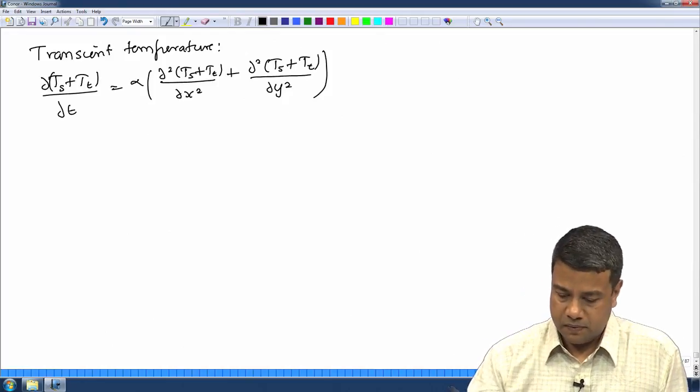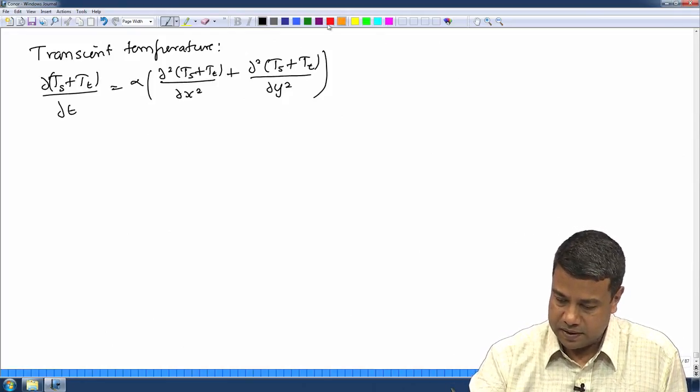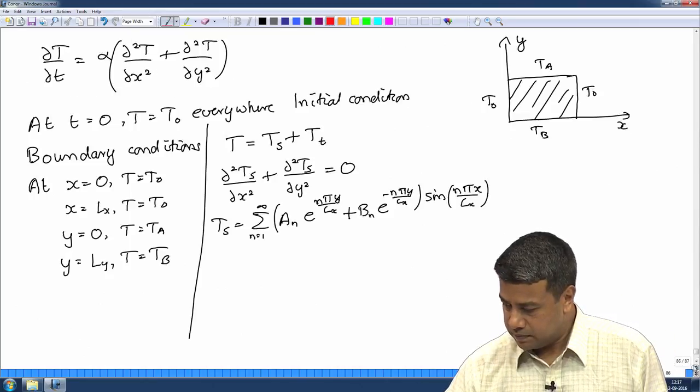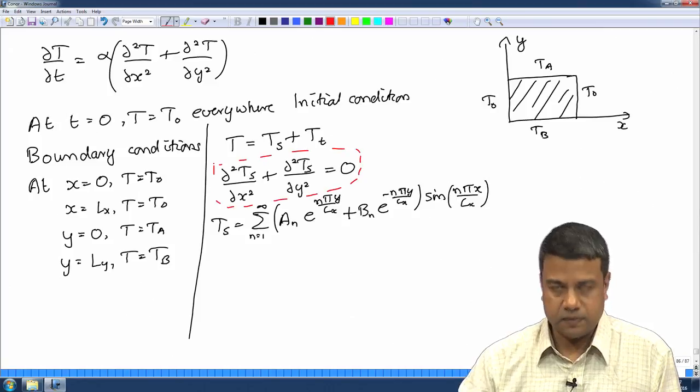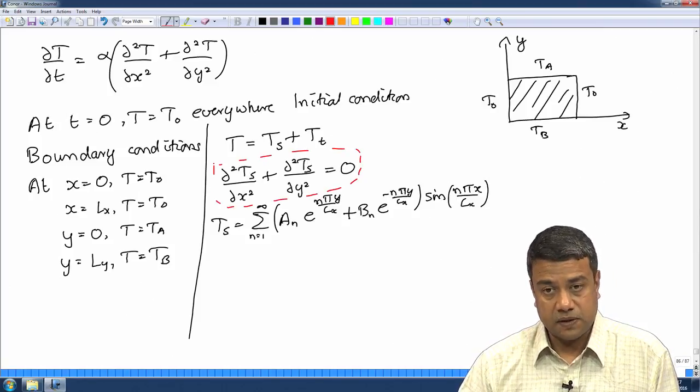For the steady part alone, we have already solved the equation, where this is equal to 0, and the steady part is independent of time.